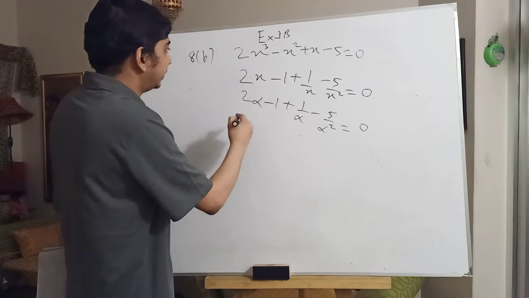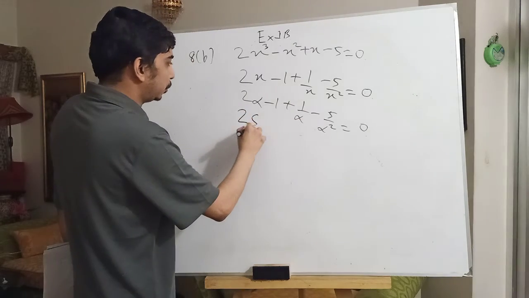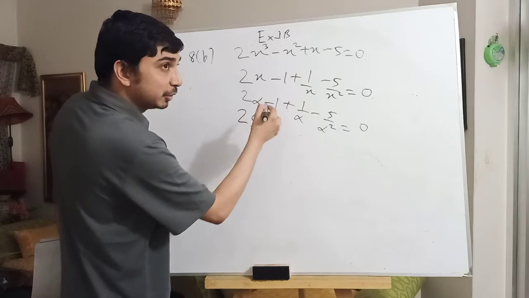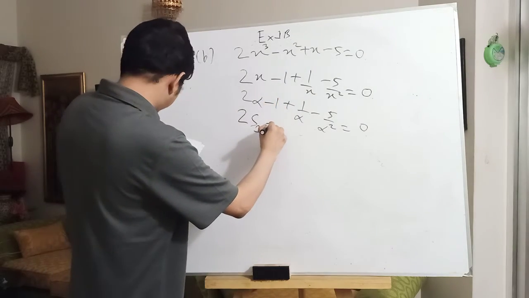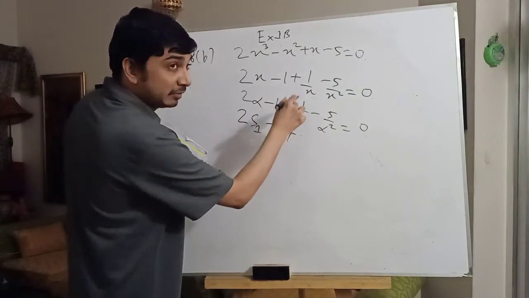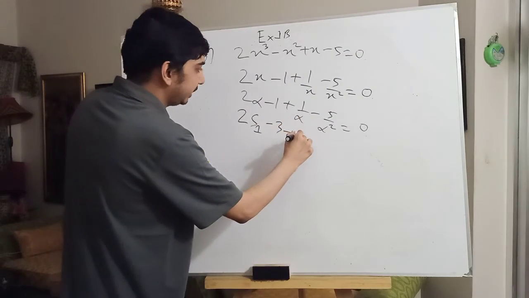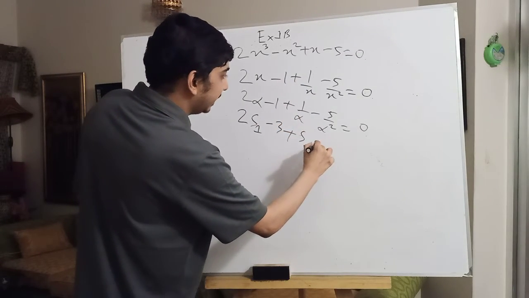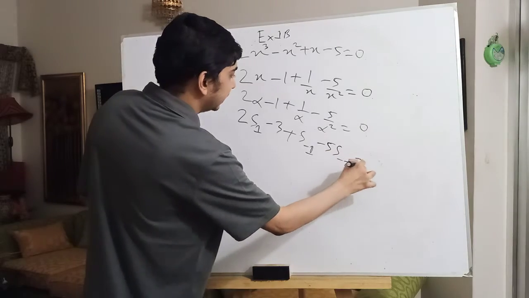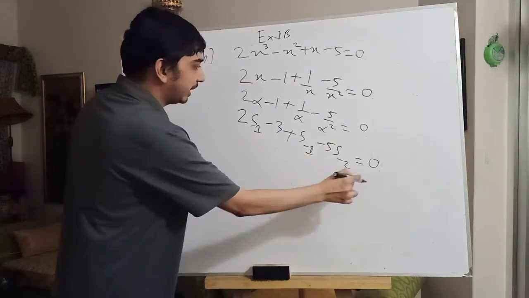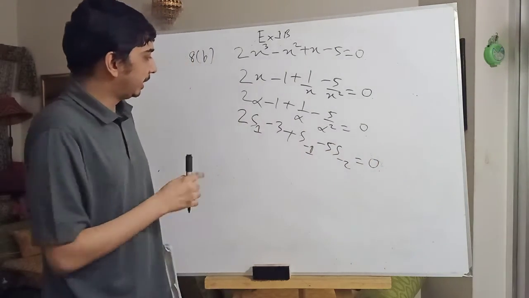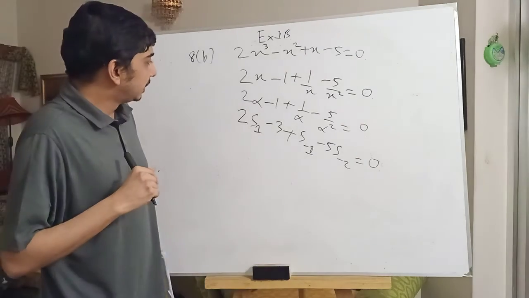If I add all of them, I get 2S_1 minus 1 minus 1 minus 1, which comes 3 times, so this becomes minus 3, plus 1 by alpha plus 1 by beta plus 1 by gamma, which is S_{-1}, and here minus 5S_{-2} is equal to 0. Please write this expression down, as you will need it later.